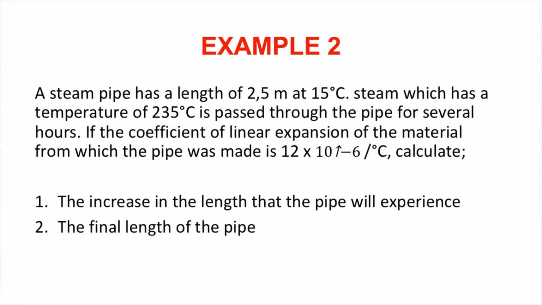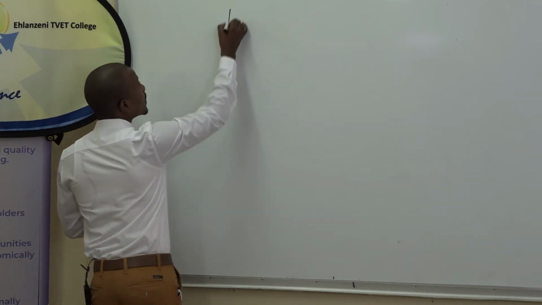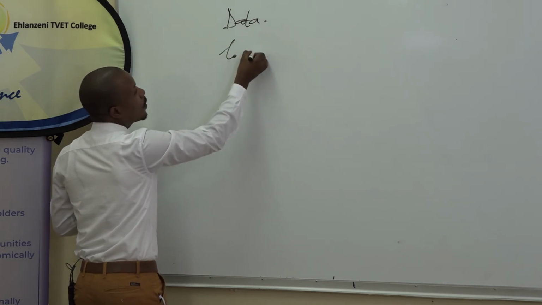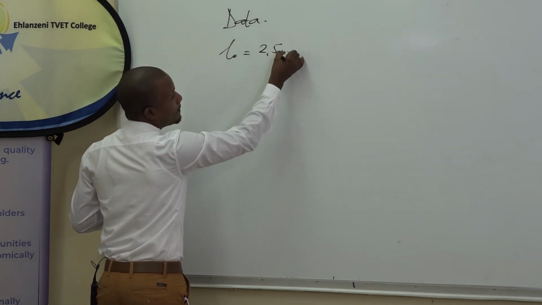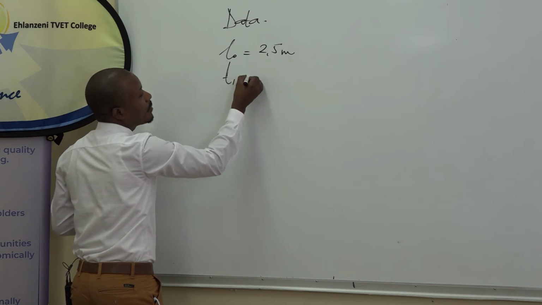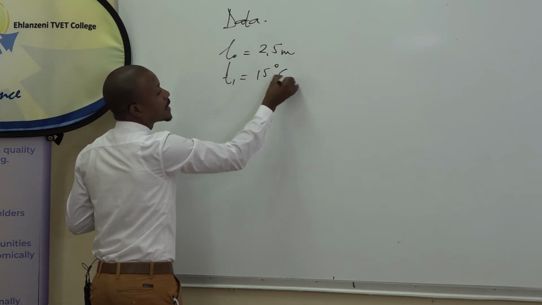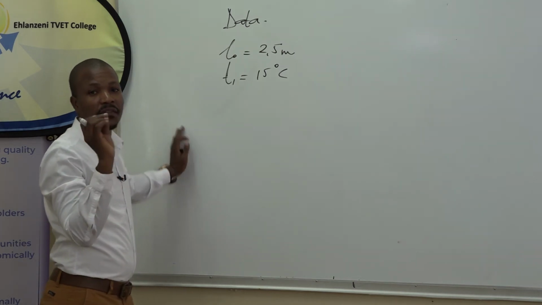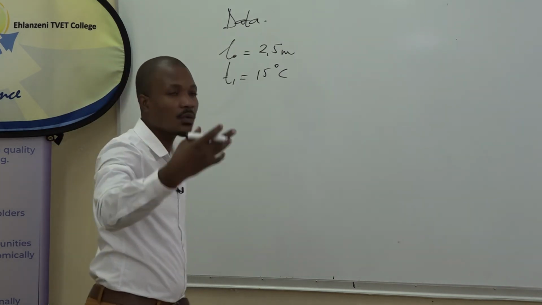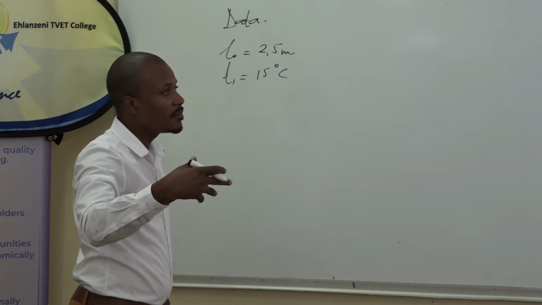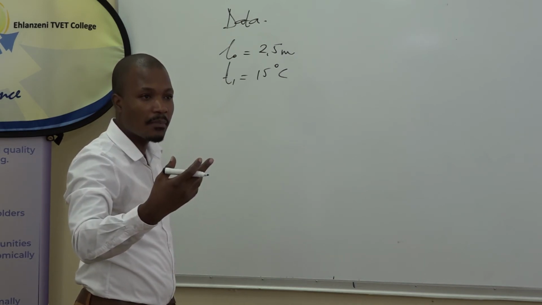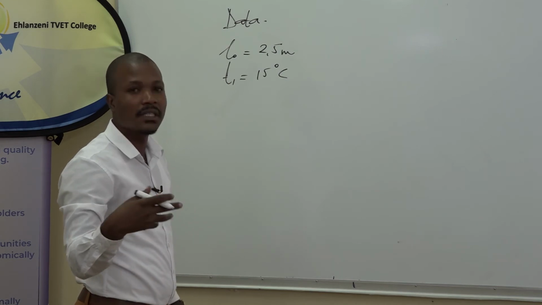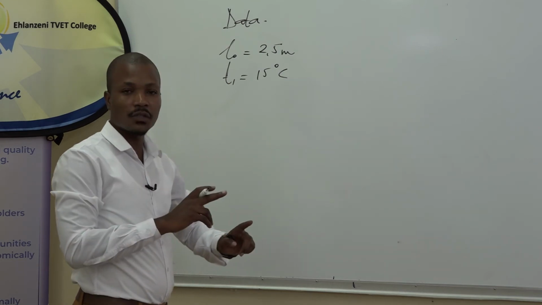Let us take out our data. We have the original length, L0, which is 2.5 meters. We have our initial temperature, which is 15 degrees Celsius. And then we have steam, which is passed through this pipe. When this steam is passed through this pipe for several hours, and the steam has a temperature of 235 degrees Celsius, what happens to the temperature of the pipe?